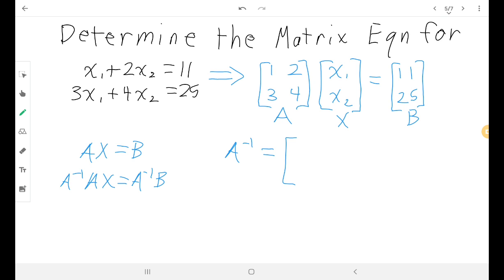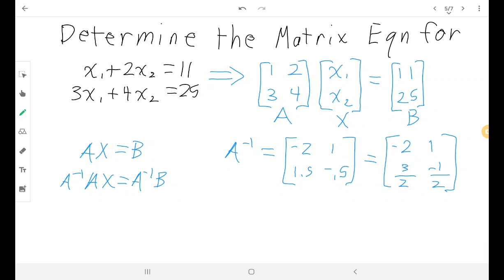If you plug it into MetaCalculator, A inverse equals -2, 1, 1.5, or 3/2, if you will, and -0.5, or -1/2. So if I did this by hand, it would have looked instead like -2, 1, 3/2, and -1/2, like that. And you should be able to see how that works.